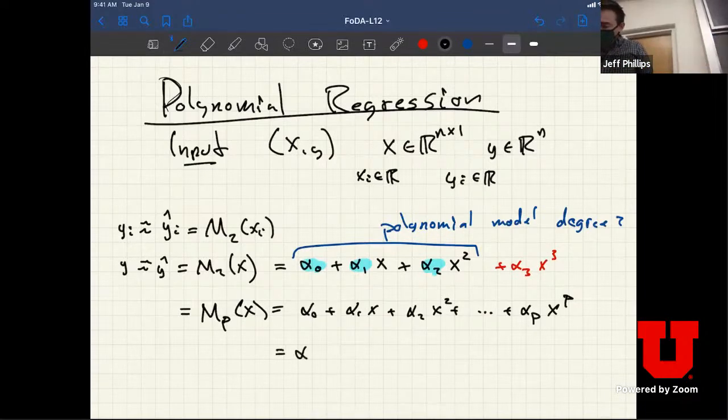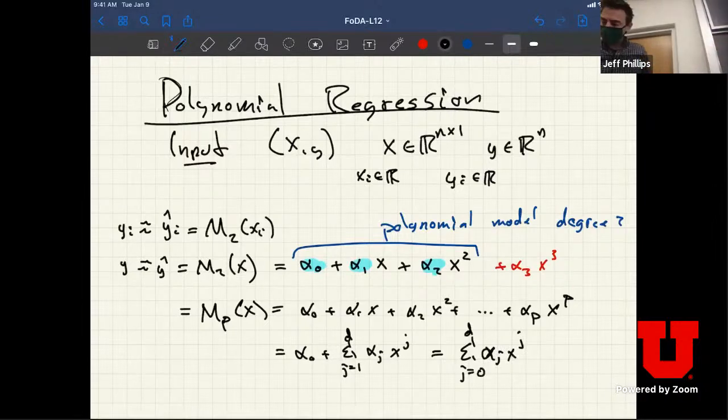And I can write this as alpha 0 plus the sum from j equals 1 up to p of alpha j x to the power j. Or, another clever trick, I can get rid of that offset term by just starting at 0.